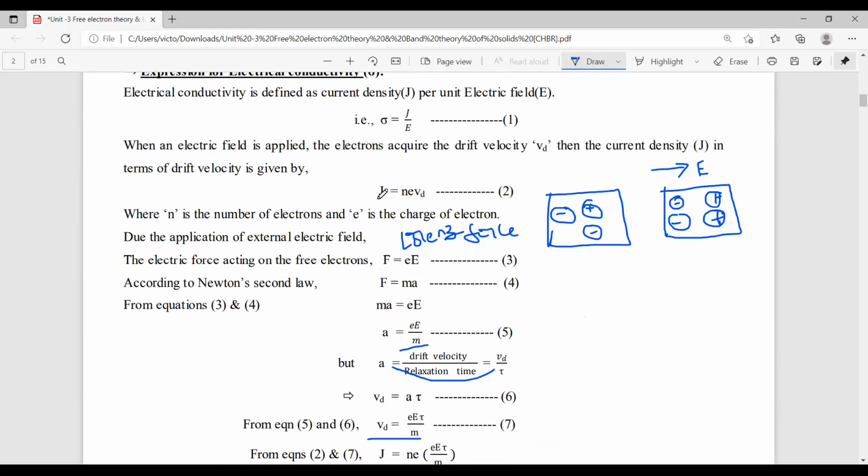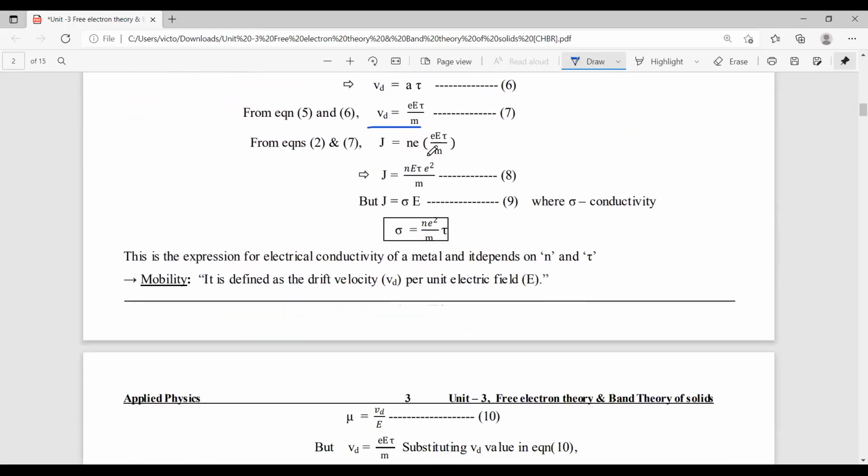Now J equals NeVd, and from equation 1, J is also written as sigma E. Substituting Vd as eEt by m, here e is the charge of the electron, E is the applied electric field, t is the relaxation time, and m is the mass of the electron.